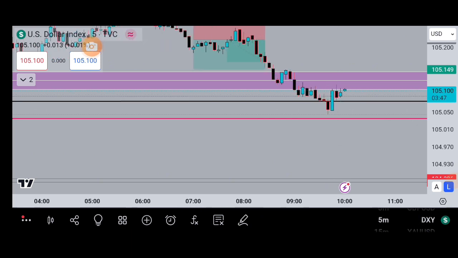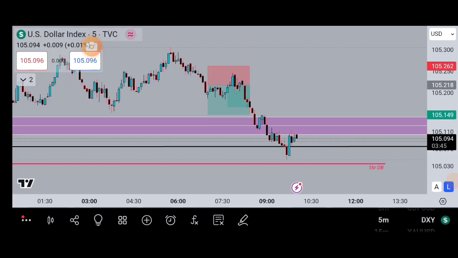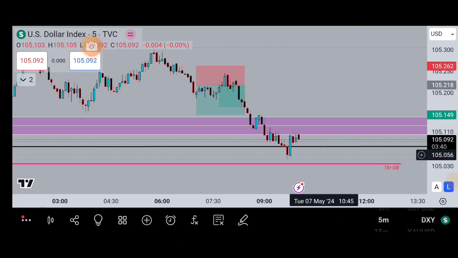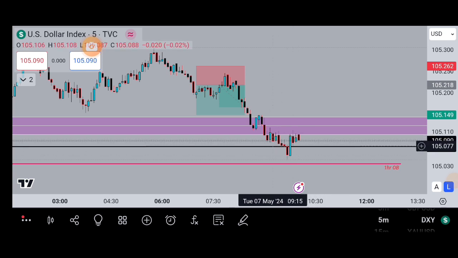And over here inside the 15 minutes time frame, what I can see is we have a liquidity that was being engineered here, taken.